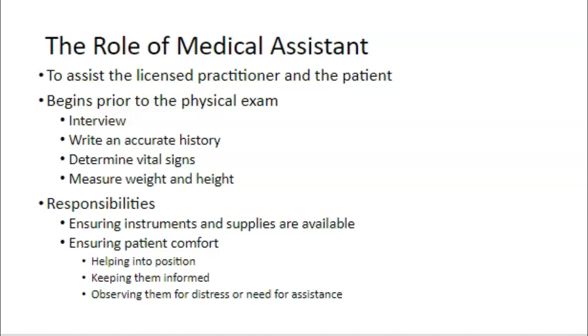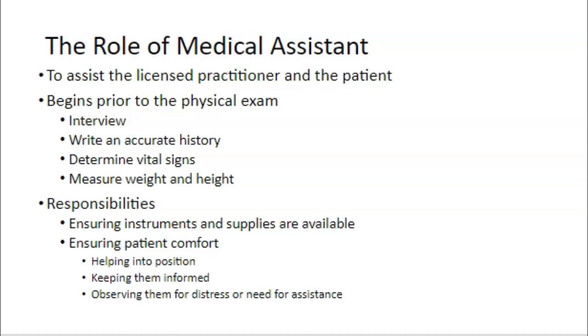Okay, and so those are all important factors for the medical assistant, but there may be case scenarios where you actually have to hand certain instruments to the clinician, and so that's also a possibility as well.